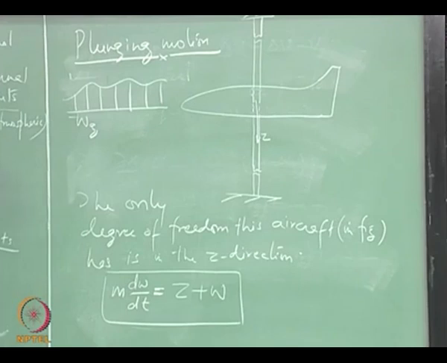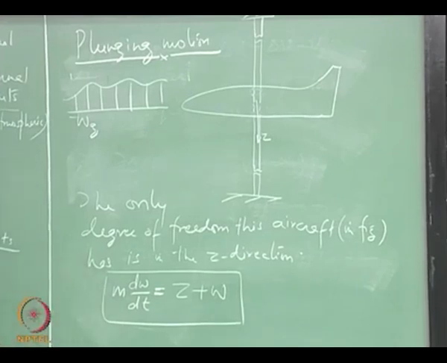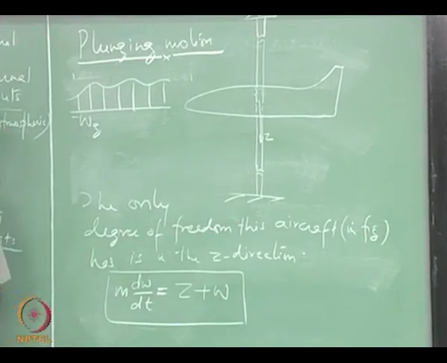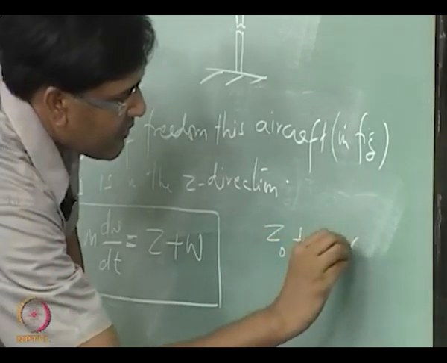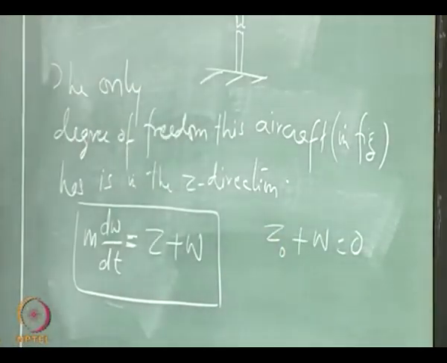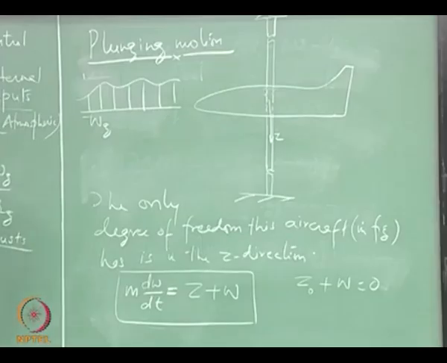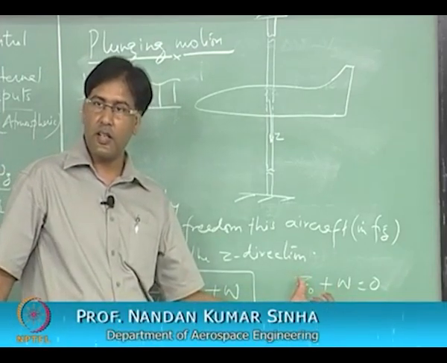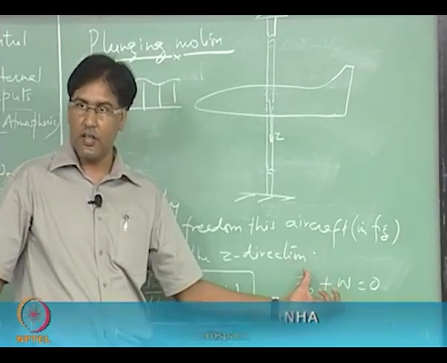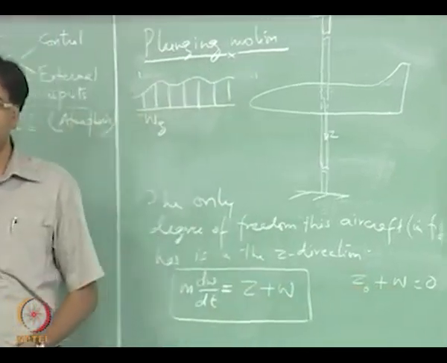Let us also assume that we study the perturbed motion about a steady state condition, which is this. Okay, so, aircraft is perfectly balanced with the lift, weight is perfectly balanced with the weight in the steady state condition, right. This z naught is minus of L.